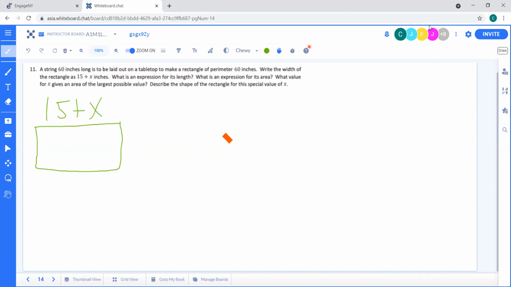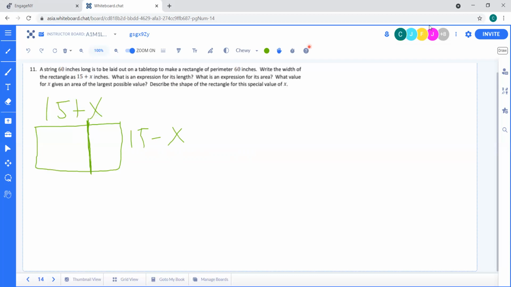So let's think of that as breaking this up as 15 plus x. Well, what does that mean the length is going to be then? So if I was to draw this right here, what is that going to be? This would be 15 minus x, right?